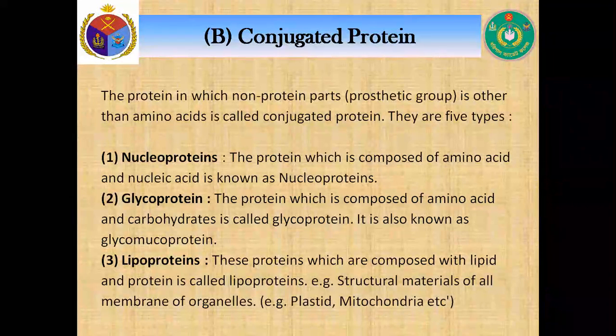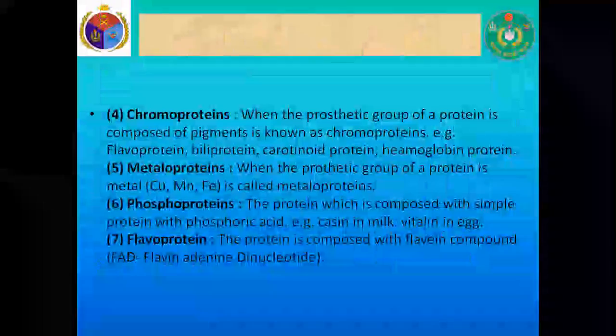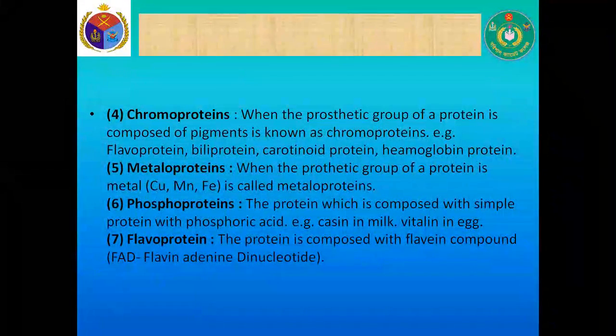Number three, lipoproteins. These proteins which are composed of lipid and protein are called lipoproteins. Structural materials of all membranes of organelles like plastid and mitochondria are lipoproteins. Now, chromoproteins.